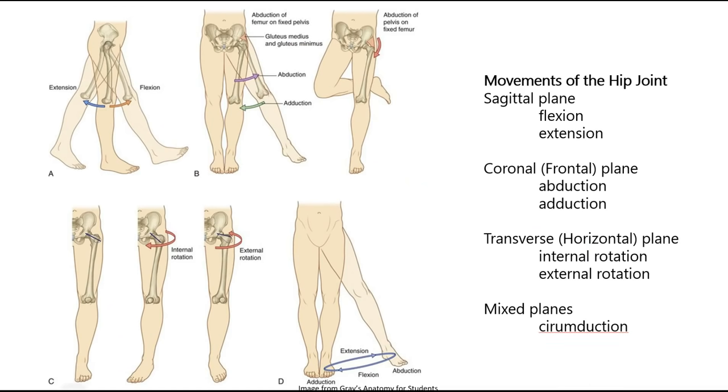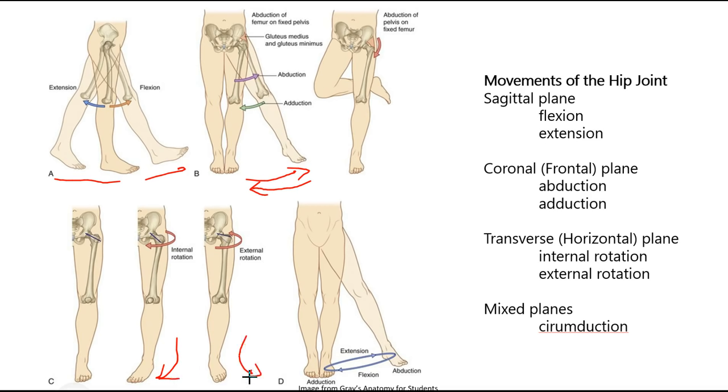Similar to the shoulder, the hip joint moves in all three planes. In the sagittal plane, the hip joint flexes and extends. In the frontal or coronal plane, the hip joint abducts or adducts. And in the transverse plane, the hip joint internally rotates, here we can see some internal rotation, or externally rotates.